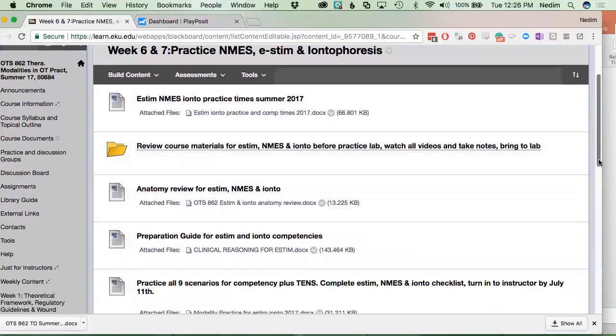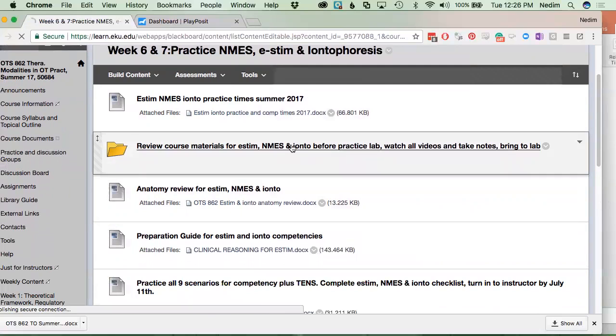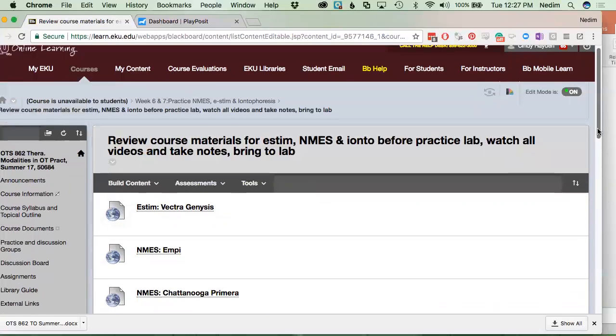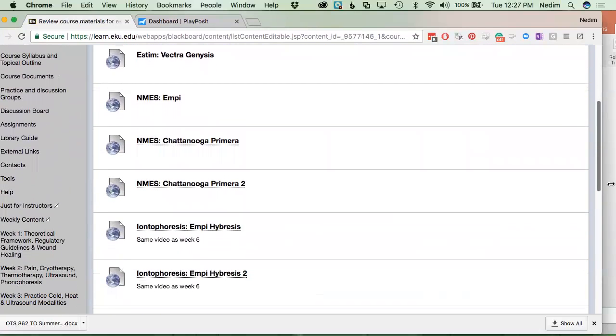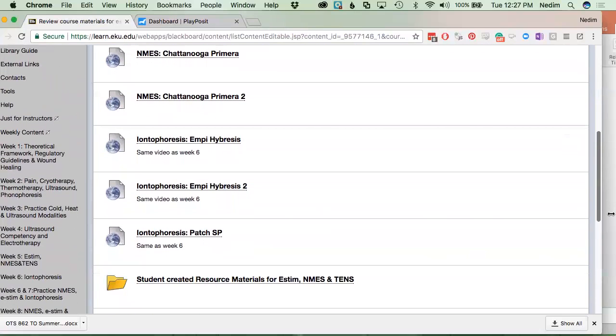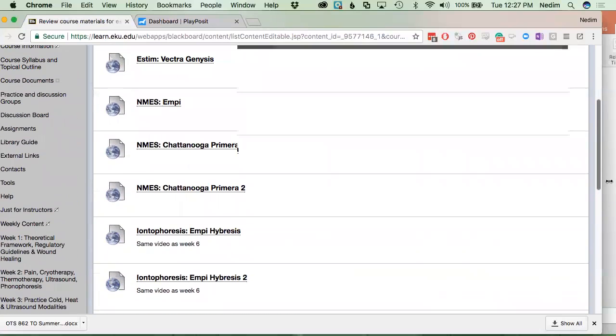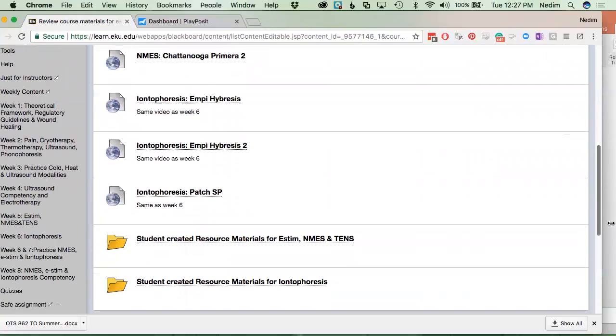Everything is known beforehand. And then this is all the material that they need to review before they come. So there are videos on all the different machines that we have. We have several different manufacturers. They don't know when they go to the clinic what machine they're going to get. So we have a variety of them.